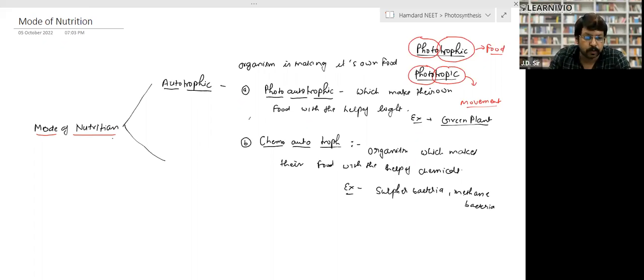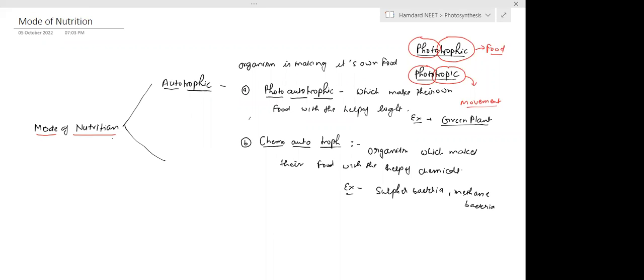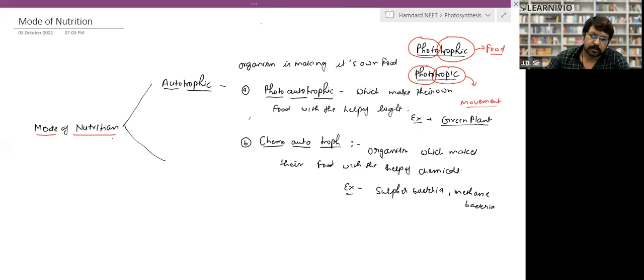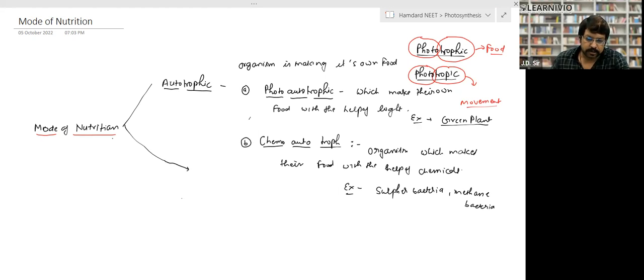Is that crystal clear to you? Yes. Fine. Note it down? Yeah. Okay. Now come to the second kind of nutrition, that is called the heterotroph.